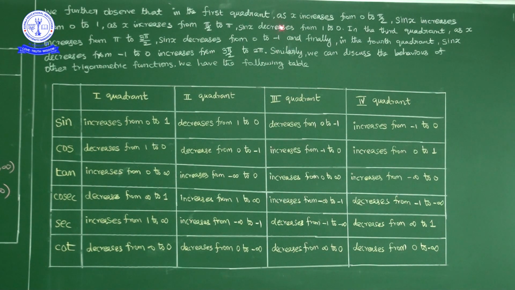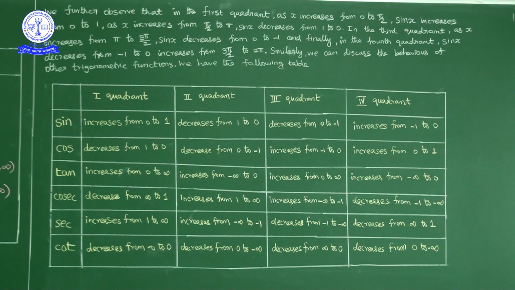We observe that in the first quadrant, as x increases from 0 to pi by 2, sin x increases from 0 to 1. In the second quadrant, sin x decreases from 1 to 0. So in the first and second quadrants, sin x is positive.